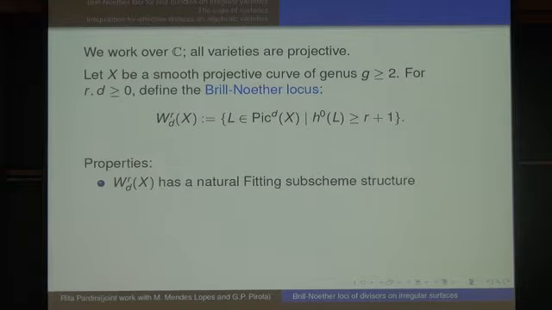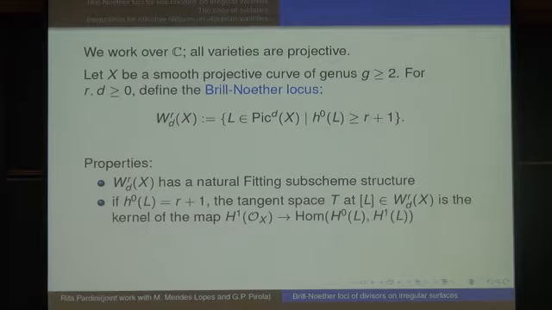And the basic properties of these Brill-Noether loci are as follows. First of all, there is a natural scheme structure on these loci. It's a Fitting subscheme structure.